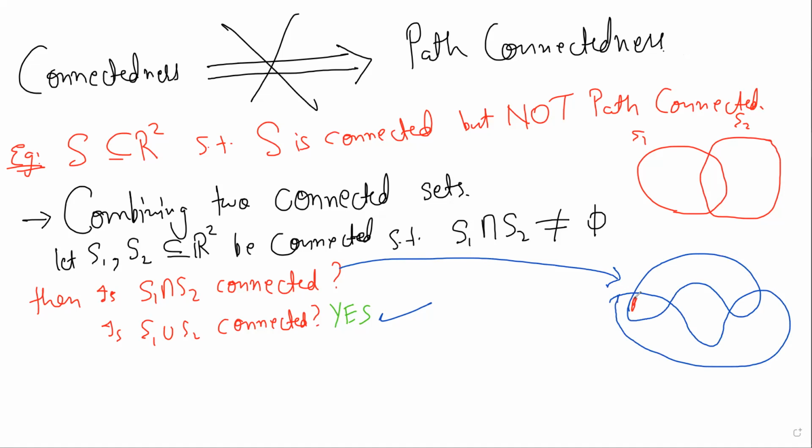The intersection is just this block and this block. These two are far apart, right? They're not connected. Yes, two intersections.